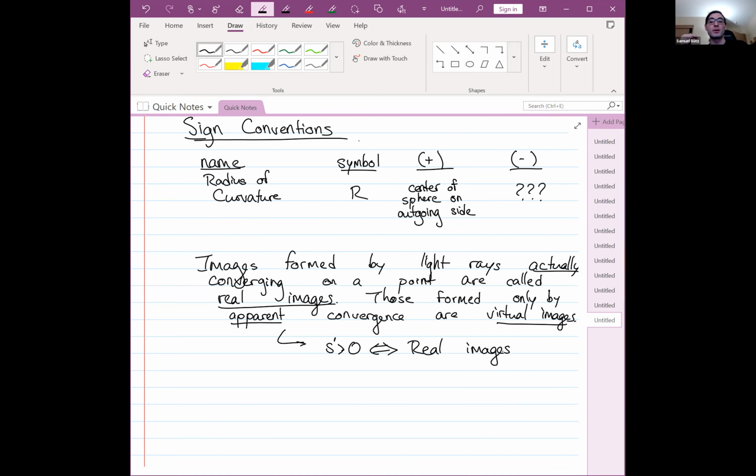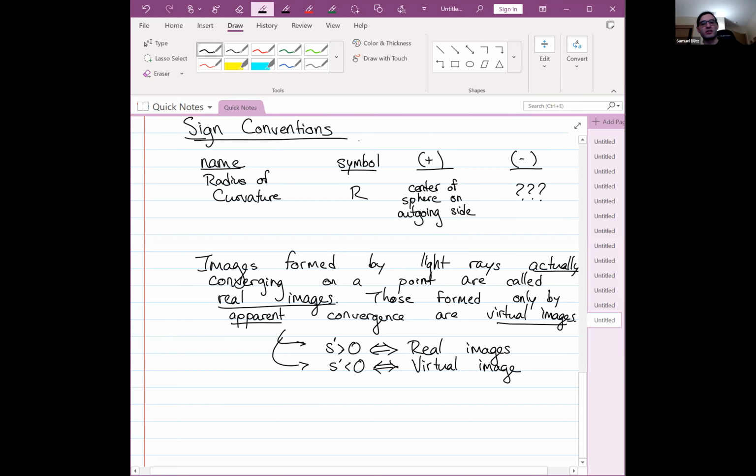So the light passes through the image. Whereas when S prime is negative, that means that the image is not on the outgoing side, which means the light never actually gets to that image. So in that case, when S prime is negative, we would have a virtual image.